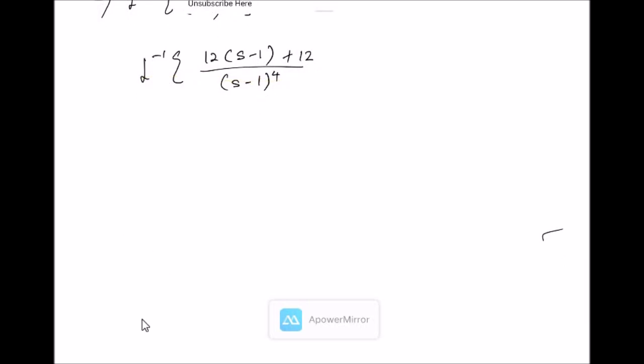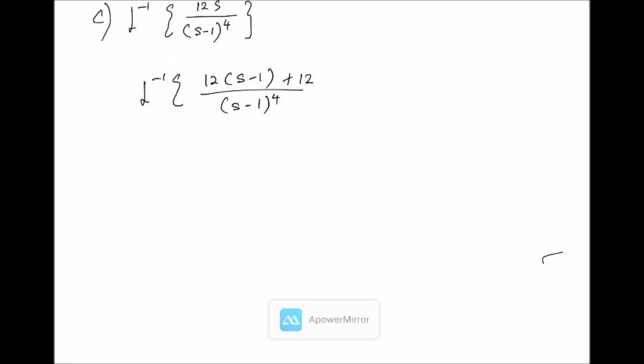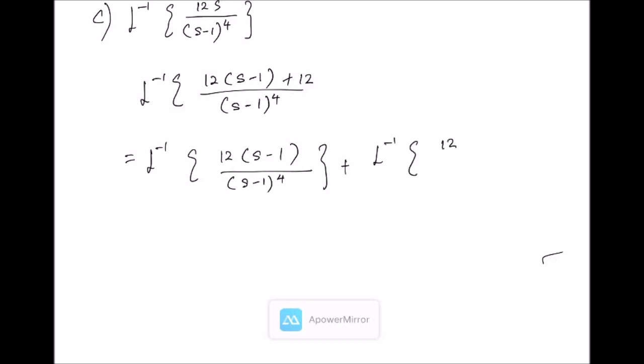Since this is the operation of plus, I need to separate it. Okay, split it into 2. So inverse Laplace transform of 12 times s minus 1 divided by s minus 1 power of 4, plus inverse Laplace transform of 12 divided by s minus 1 power of 4.